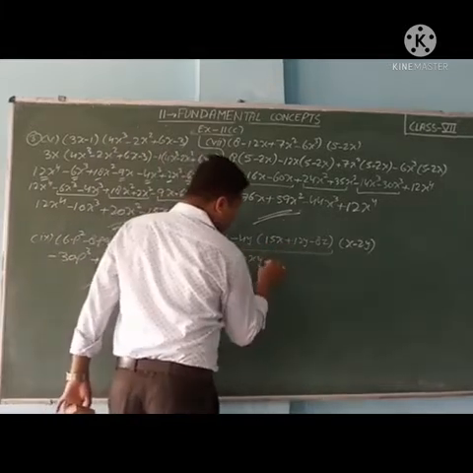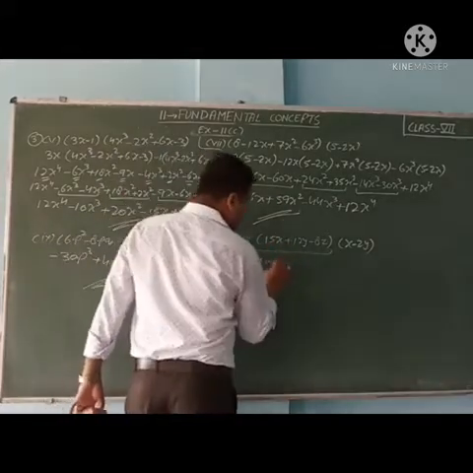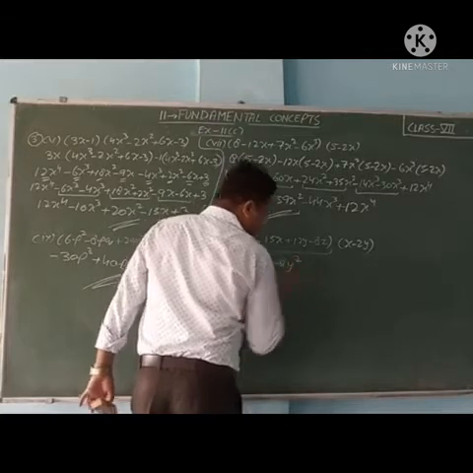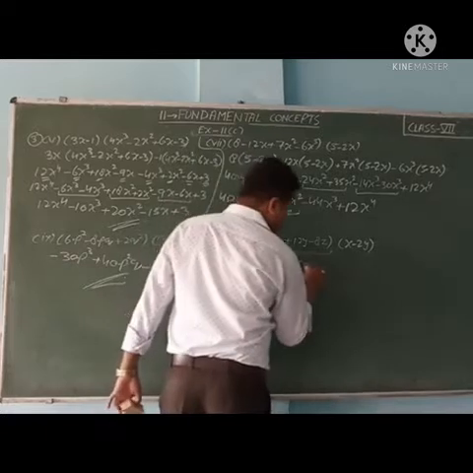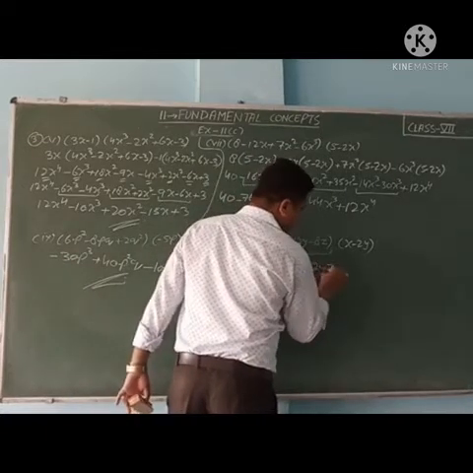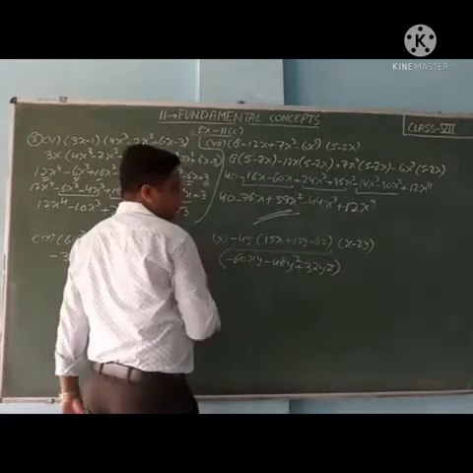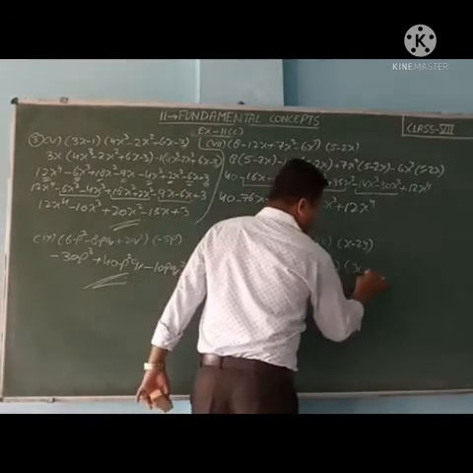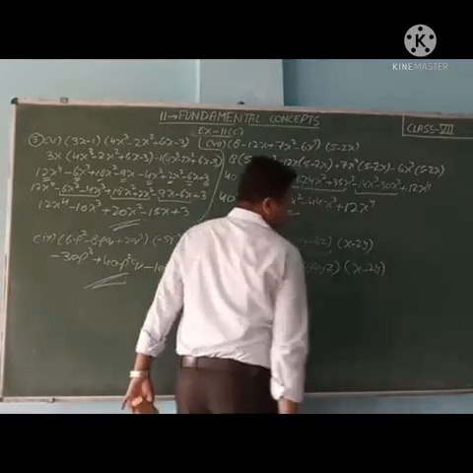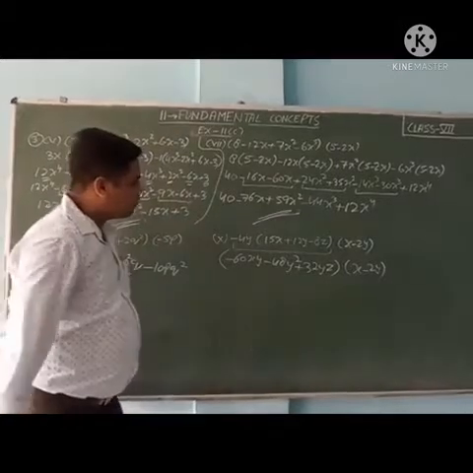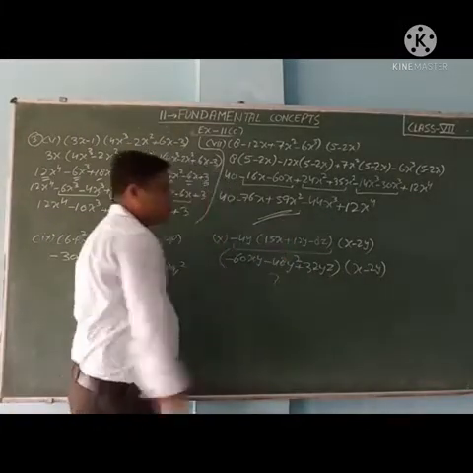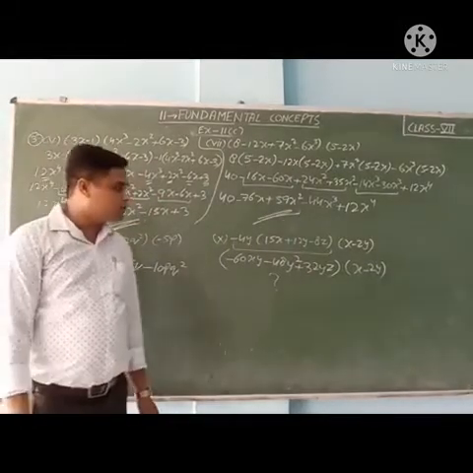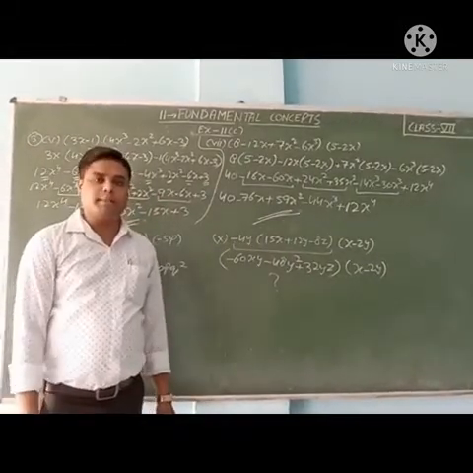Minus plus minus 4 into 12 is 48y square. Minus minus plus 8 fours are 32 yz inside the bracket. Then x minus 2y. So this multiplication of algebraic expressions you have to do yourself, then find the answer and comment the answer in the comment box.